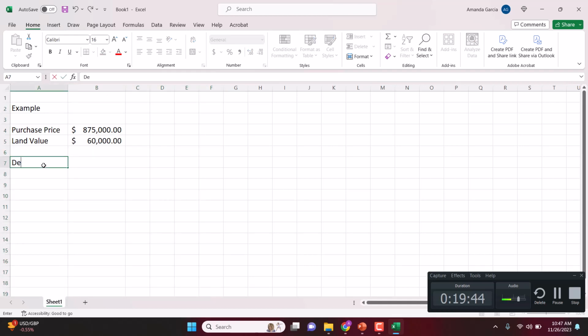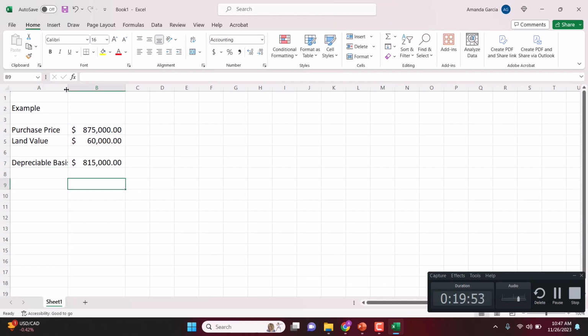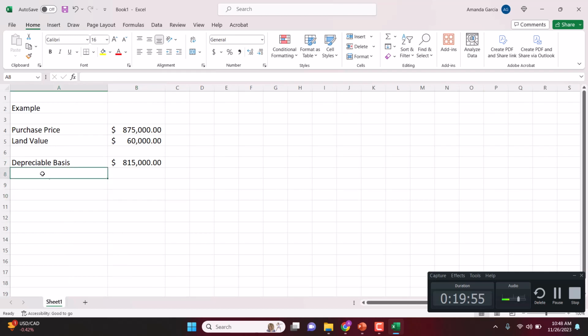So depreciable basis equals the $875,000 purchase price minus $60,000. Let's just say John took depreciation over time.